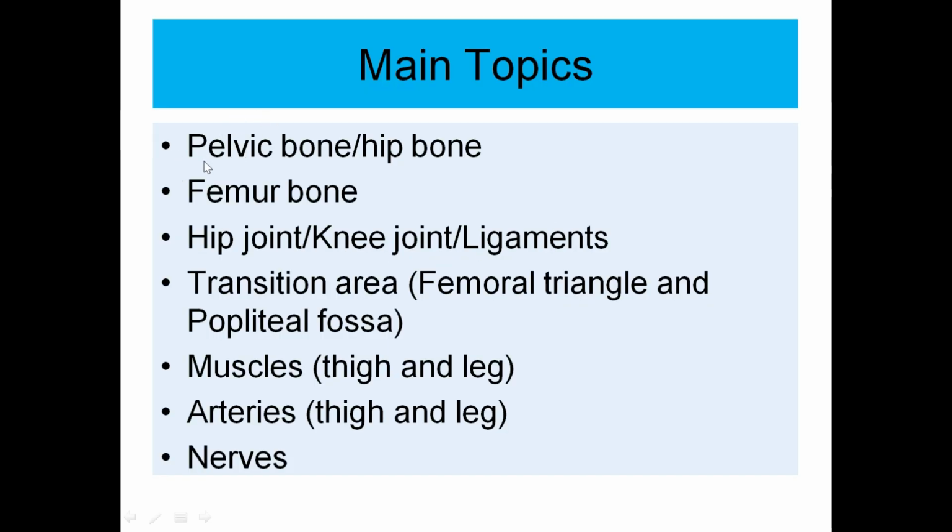We can start from the bone labeling, then go to the joints and the ligaments, then the transition area, not all, just these two, and the muscles from the thigh and leg, specific views, and the main arteries from the thigh and leg. The last one, the nerves, we will talk about.